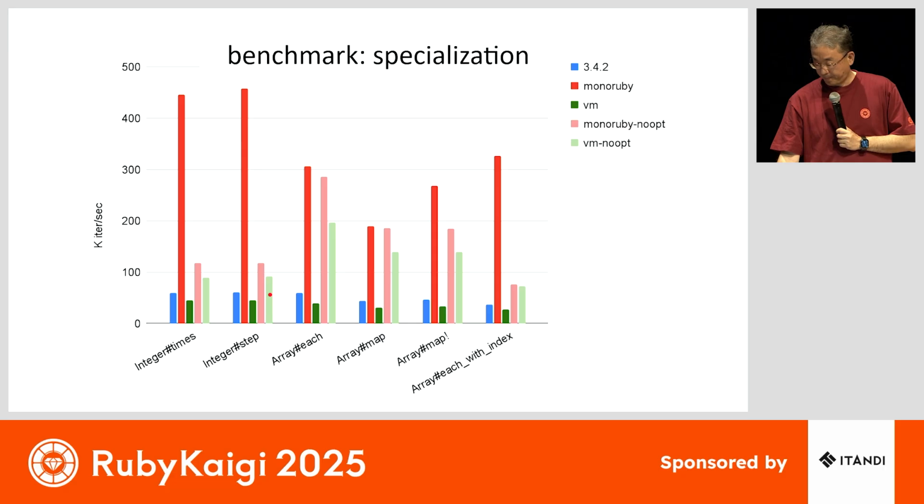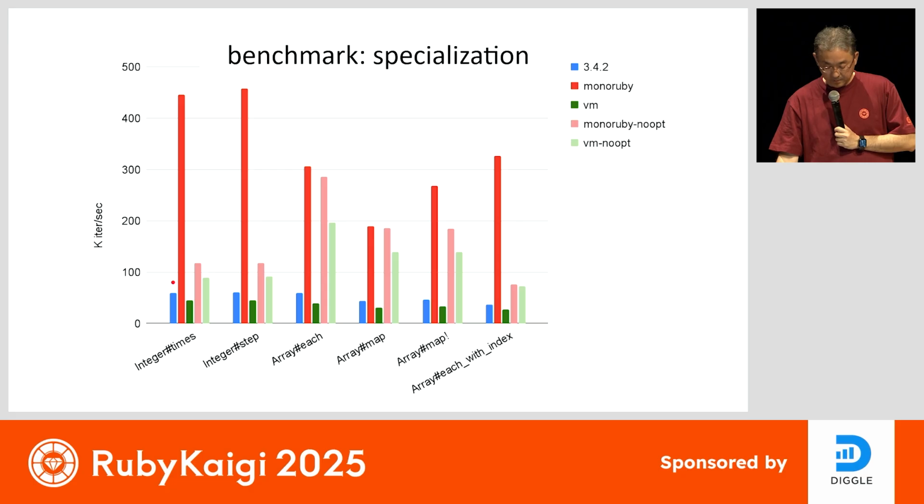And the pink lines show monoruby without this optimization. So you can see the improvement in performance.